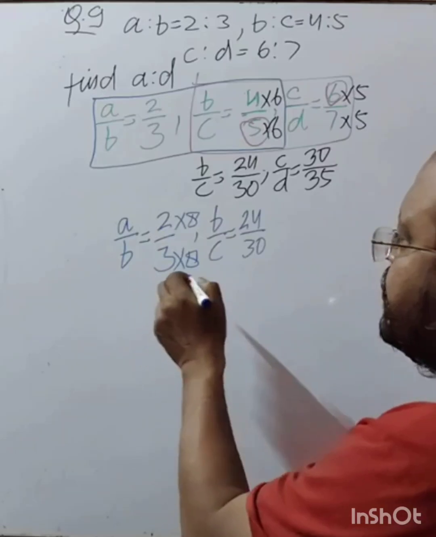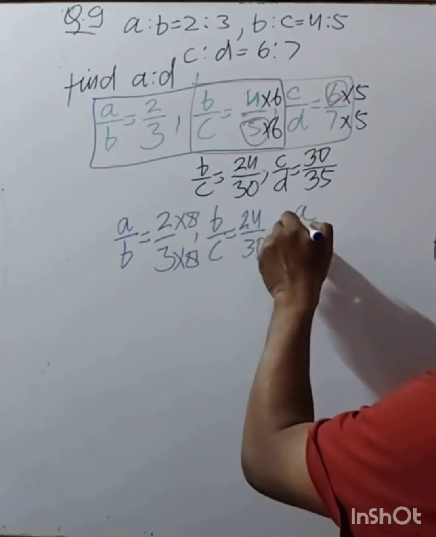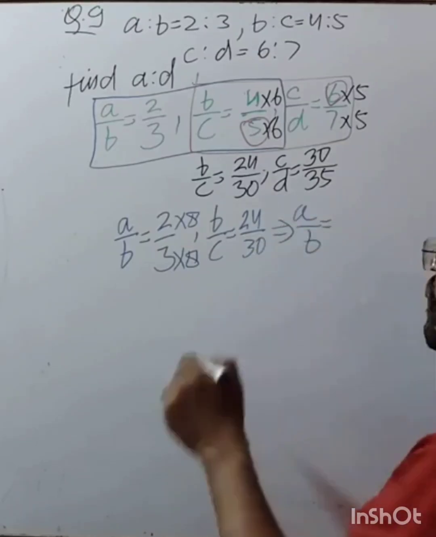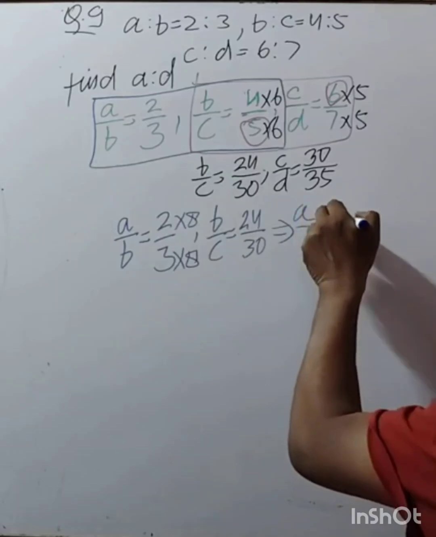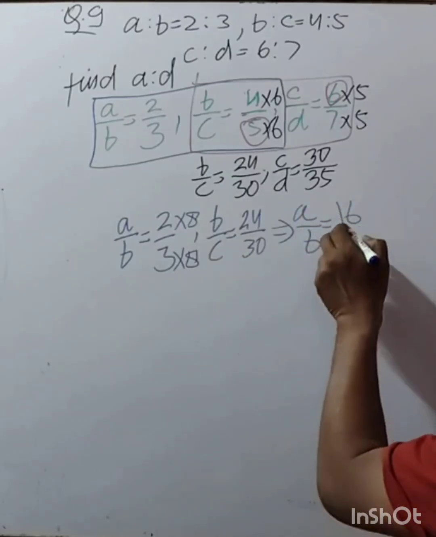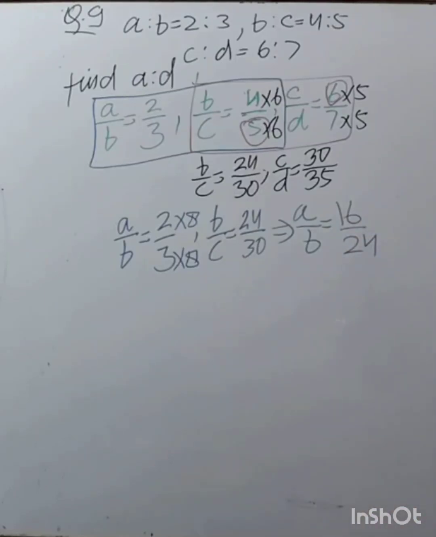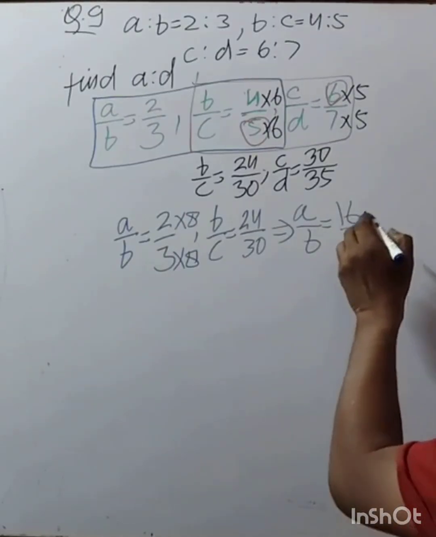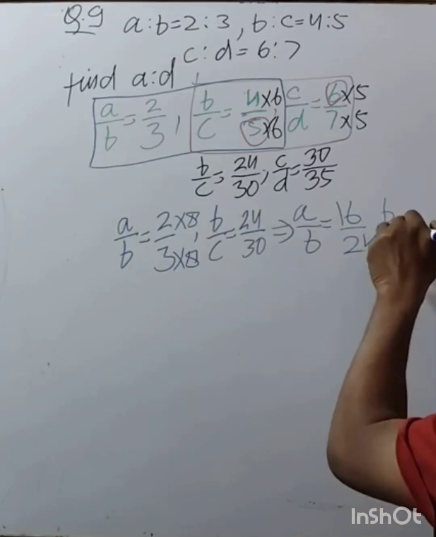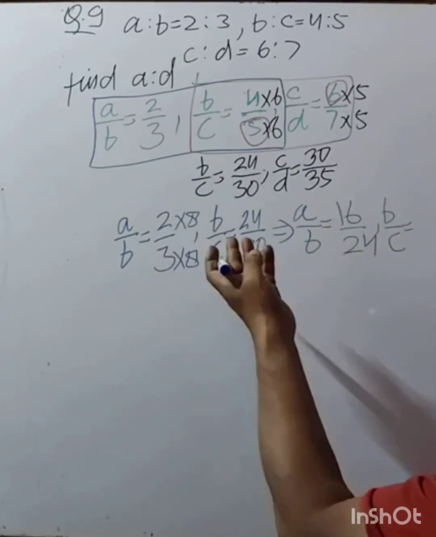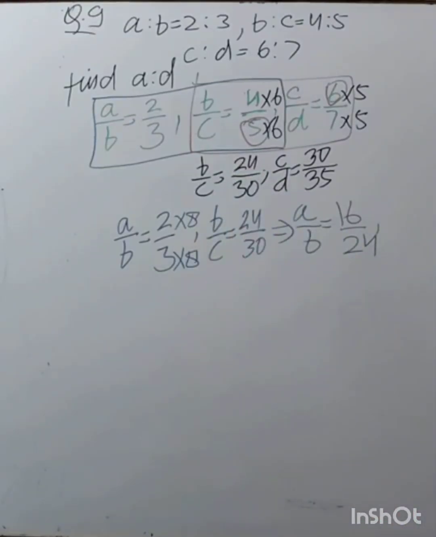So you get A upon B is equal to 16 upon 24, right? And B upon C is equal to 24 upon 30, already there.